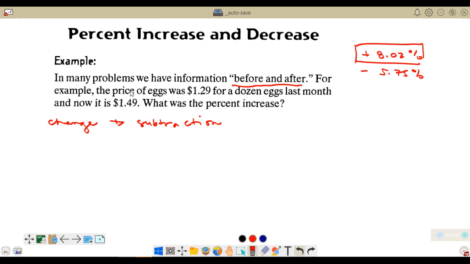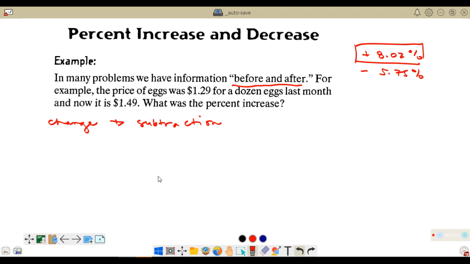So, our example is, a dozen eggs was $1.29 last month. This month, it is $1.49. What was the percent increase? How do we know it's an increase? Because the after is higher than the before. So, how do we solve this?